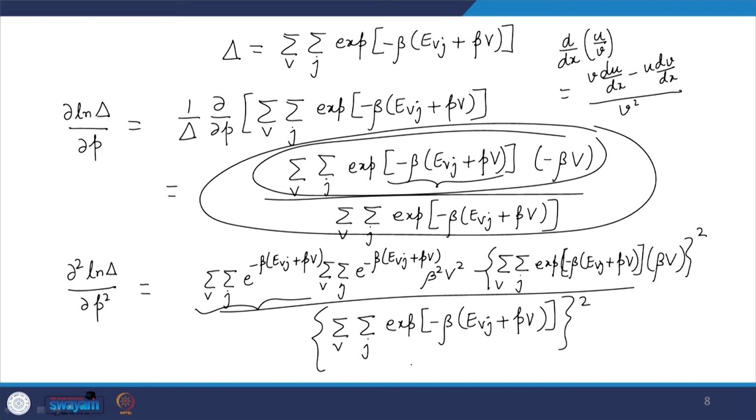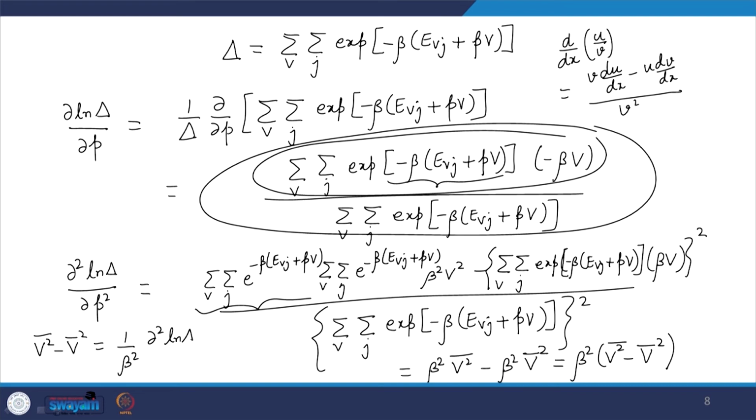So, what we have essentially is beta square v square bar, and the second term is essentially beta square multiplied with v bar square, and that is essentially beta square multiplied with v square bar minus v bar square, and therefore, I can write my fluctuation as 1 by beta square del 2 ln delta by del p square.